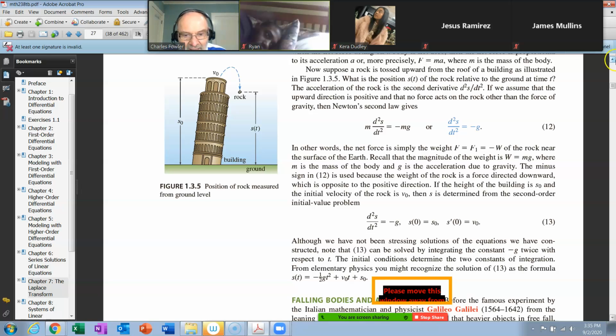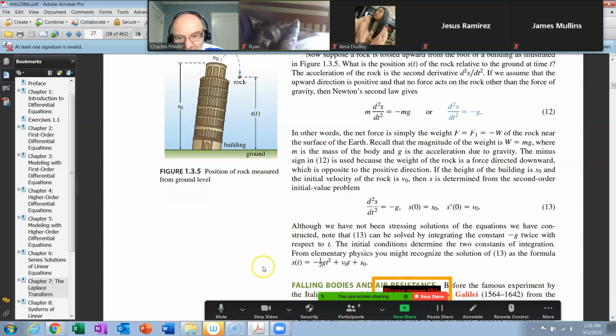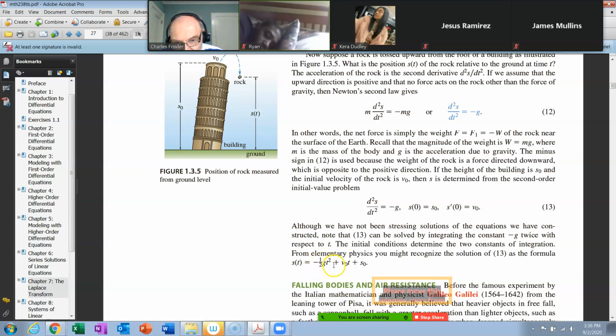Okay, now from elementary physics, hopefully you are familiar with this equation too, negative 1/2 g t squared, that's the acceleration due to gravity, plus v0 t, that's initial velocity, plus initial displacement, that is your displacement at any time t.